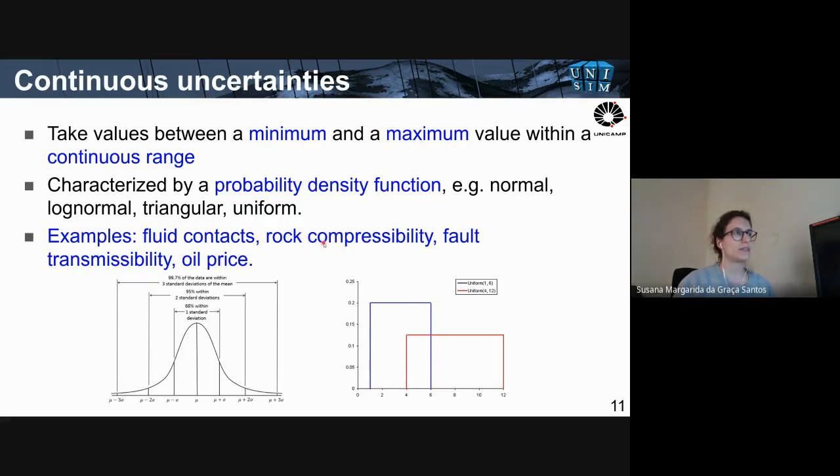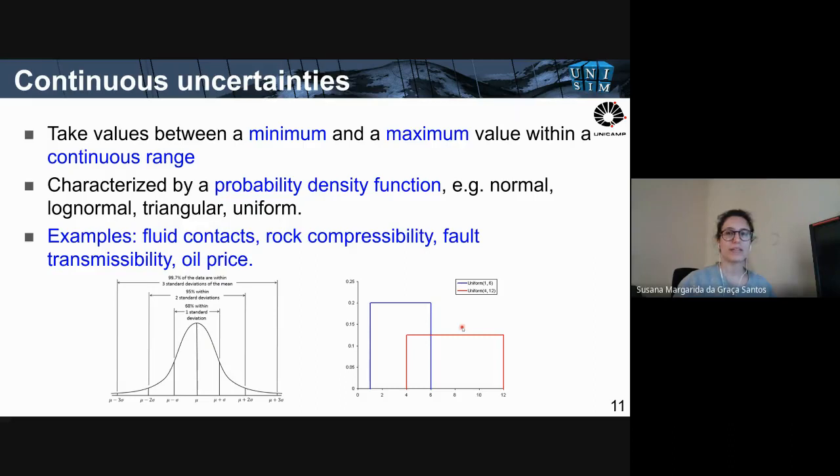They say, I cannot understand more about the depth of the water contact. Given the data I have today, I cannot say with more certainty the depth of the water contact. I have a range, and it's inside that range, and the probability is either like this or like this.